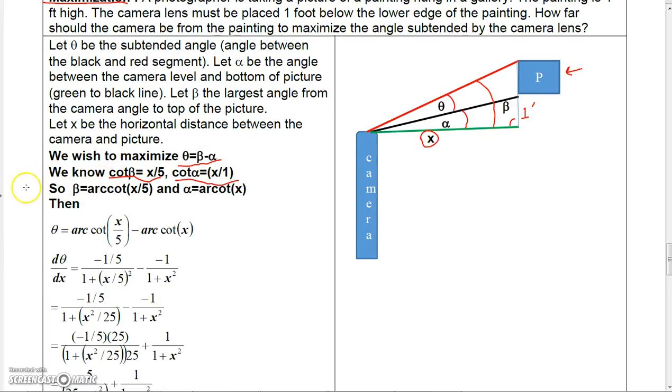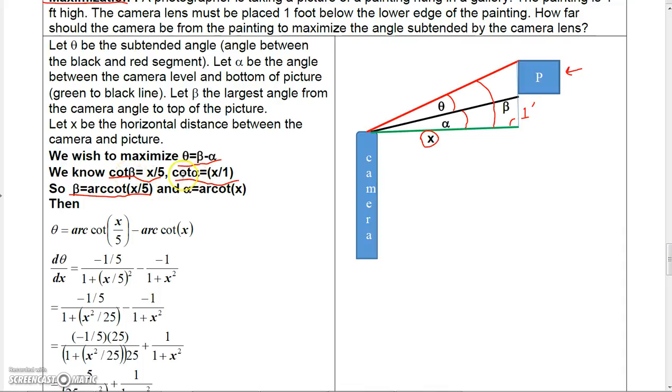So if we take the arc cotangent of both sides, on the left we get beta, and on the right we get arc cotangent of x over 5. So in other words, we're able to solve for beta.